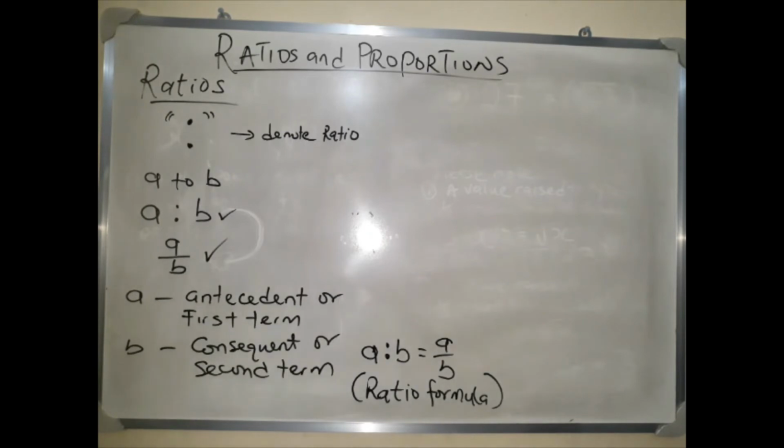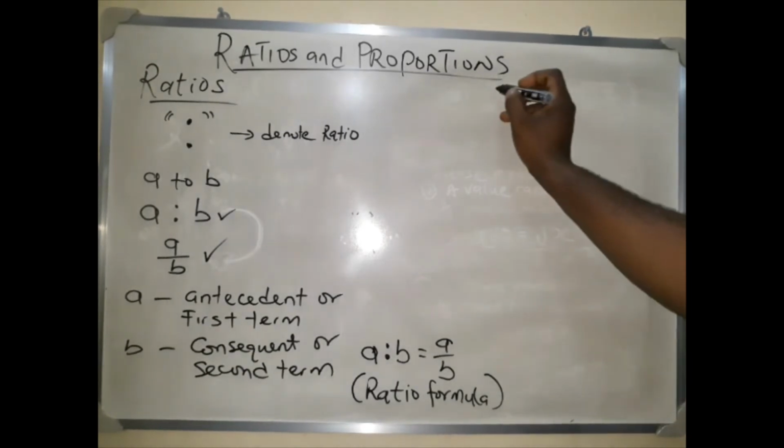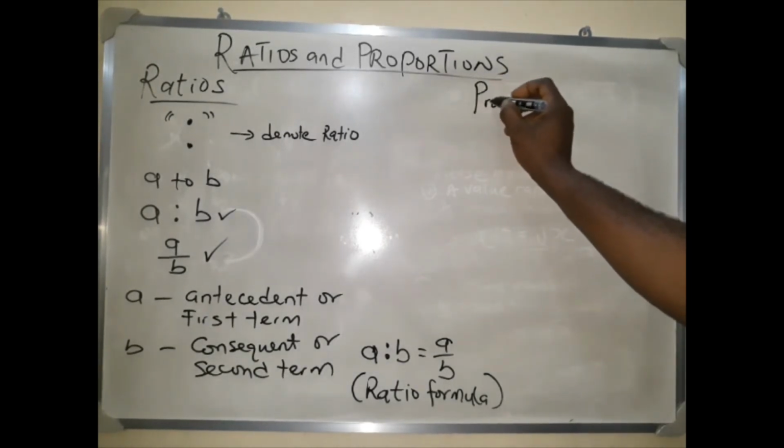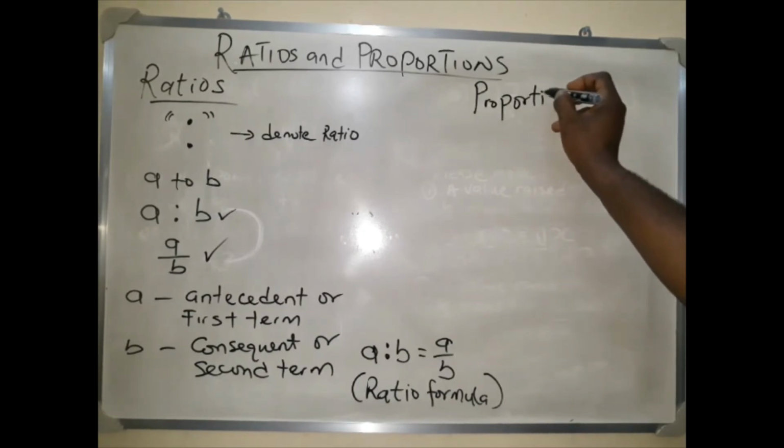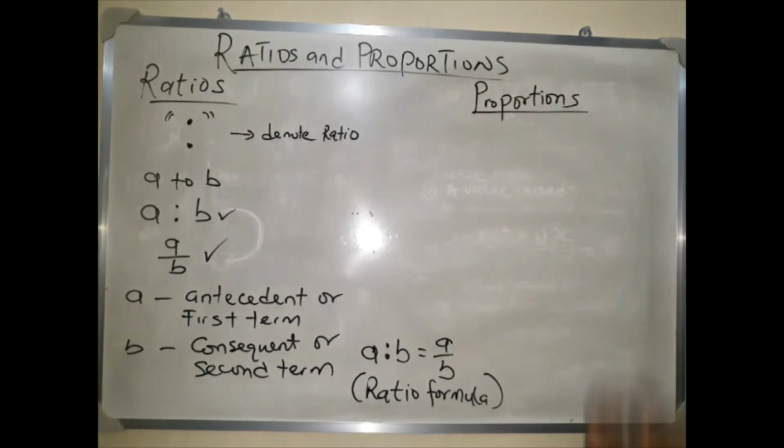So now let's go to the second aspect of the teaching of today, which is proportions. What are proportions? A proportion is an equation that defines that the two given ratios are equivalent to each other.